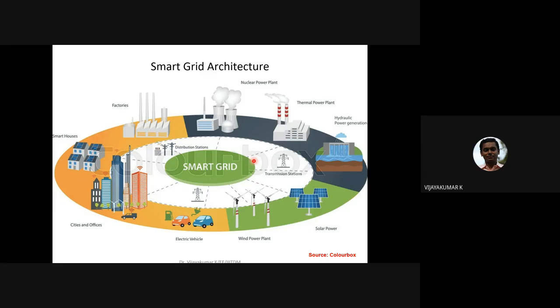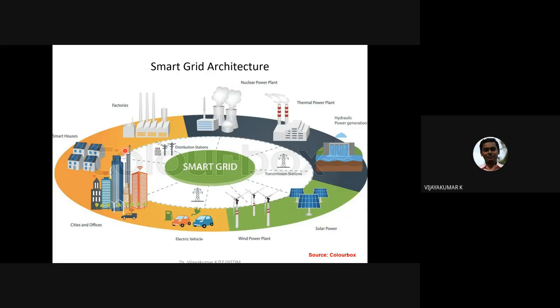Okay, so this is the conventional one. This is where the smart grid comes into the picture. Earlier they did not have electric vehicles, wind and photovoltaic systems, only conventional power generation plants and loads.